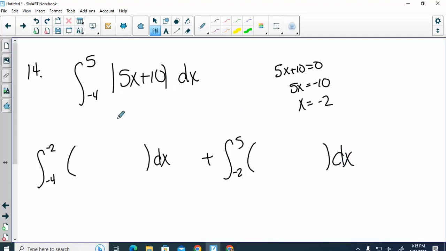Now, if you plug in something between -4 and -2, like a -3, is this positive or negative inside here? Negative. And the absolute value does the opposite of that, or you could write that as -5x minus 10. If you put in something from -2 to 5, that's positive, so the absolute value does nothing. So then it's just 5x plus 10. And then could you guys work it from here? Yeah, just do your antiderivatives in each of them and add them together.